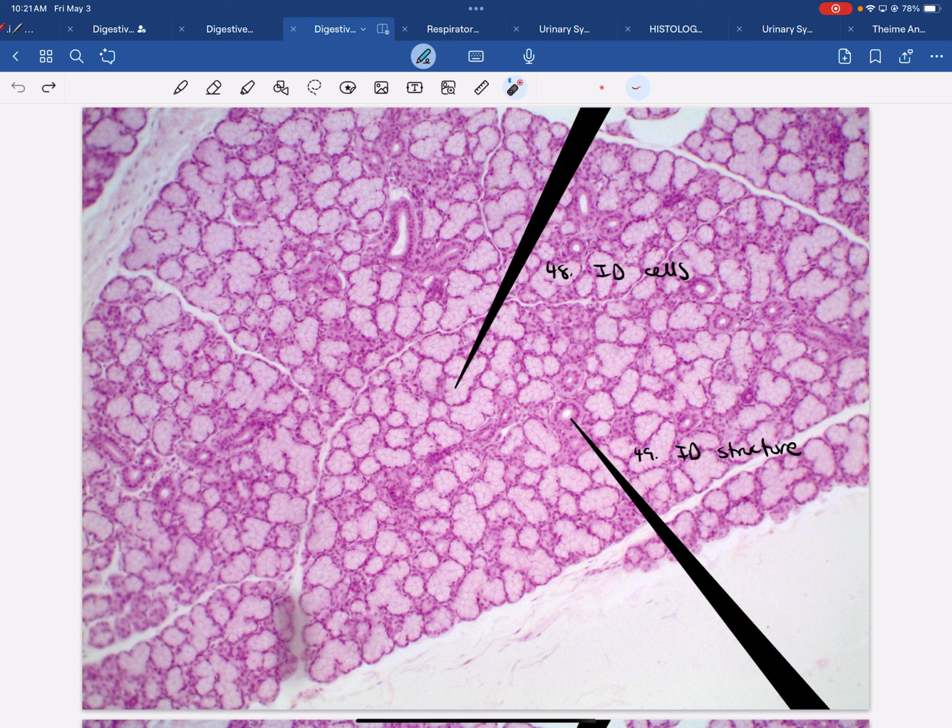Because there are scattered serous cells, but most of the cells are mucus cells, and there aren't very many serous cells. So there's more mucus than serous, so it's sublingual. Yes, good.